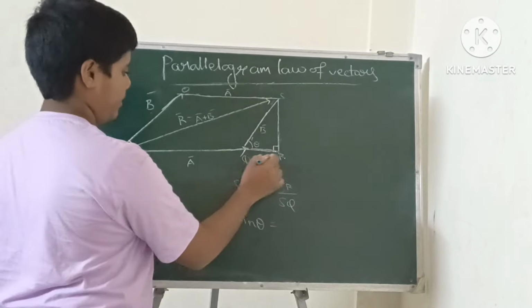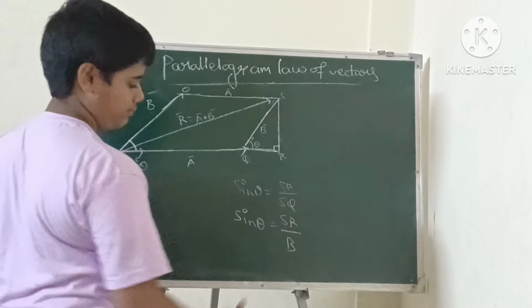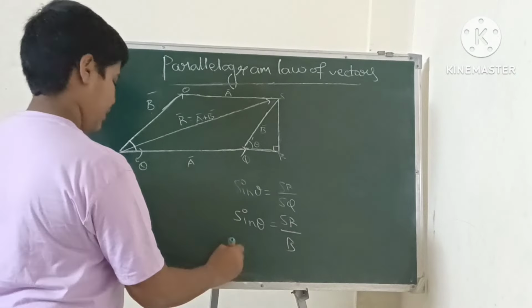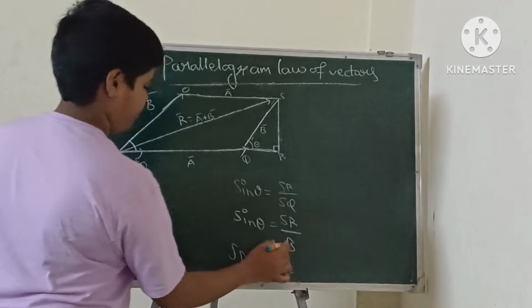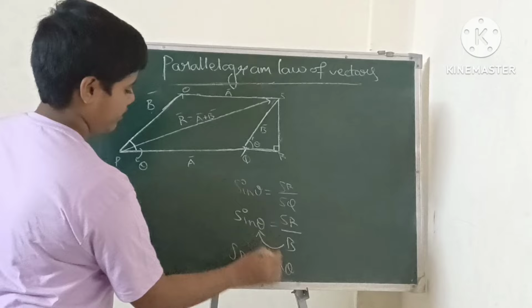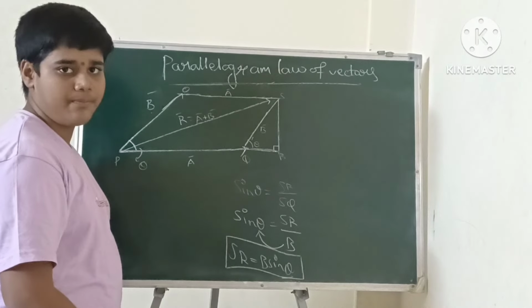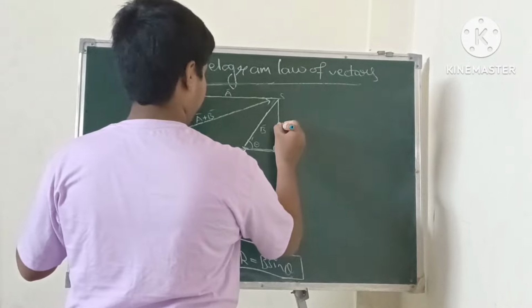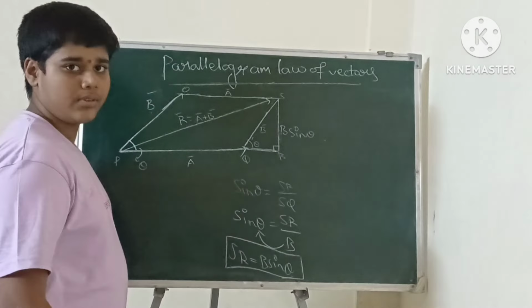SQ value is B. So here SR is equal to B sin theta. If we transfer B to this side, it becomes SR is equal to B sin theta. So this side becomes B sin theta.